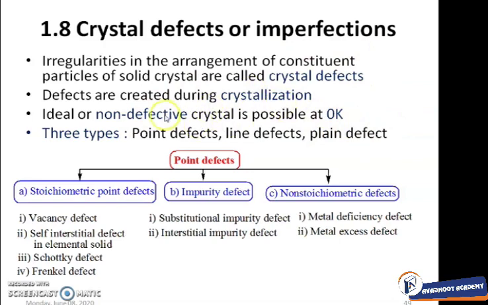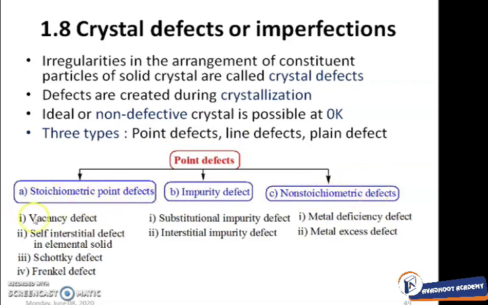So there are three types of defects, that is point defect, line defect and plane defect. In this chapter we are going to focus on the point defects. Further, there are three types of point defects: stoichiometric point defects, impurity point defects and non-stoichiometric point defects.